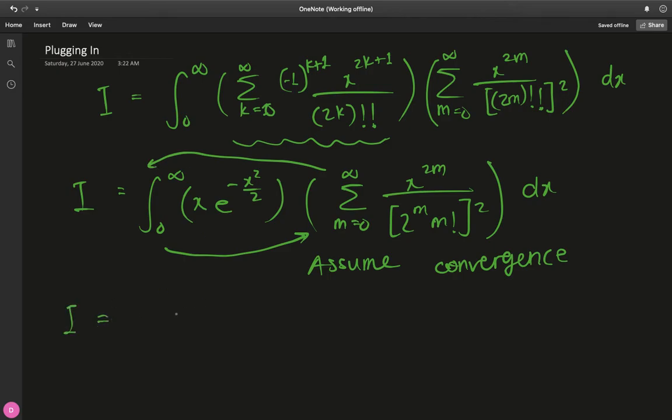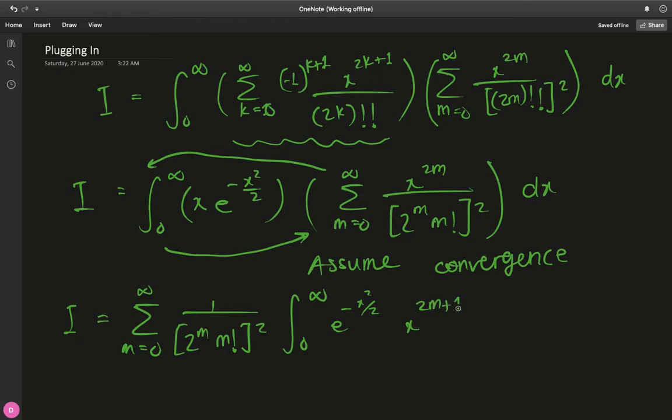So I have I is equal to sum from m equals 0 to infinity of, we'll take all the m terms outside, 1 over 2 to the m times m factorial squared, and integral from 0 to infinity of e to the minus x squared over 2, and then this x to the 2m multiplied with x will give us x to the 2m plus 1, dx.